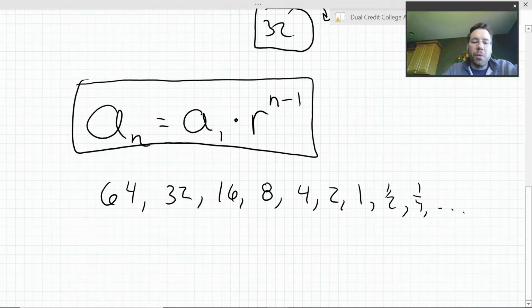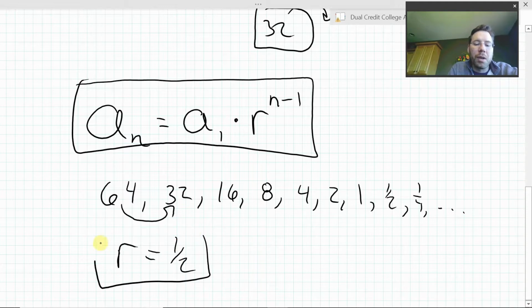When you're looking at this, you probably would say that I'm dividing by 2. I hope you're all thinking that. Divide by 2, divide by 2, divide by 2. But if I ask you what's r, r is the thing I am multiplying by. So to go from 64 to 32, r would be a half.